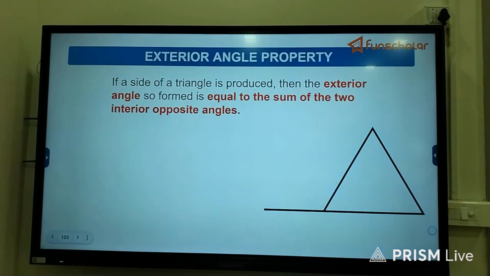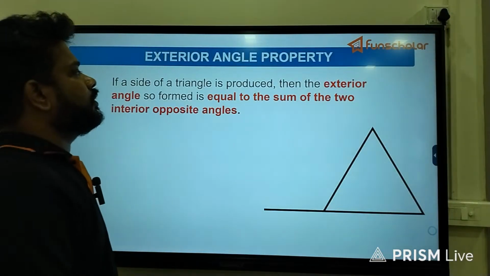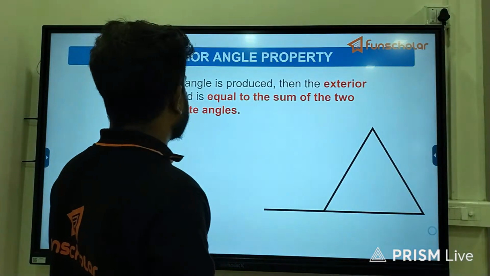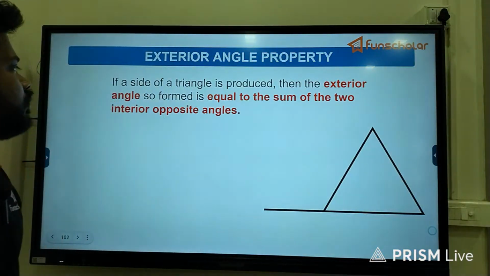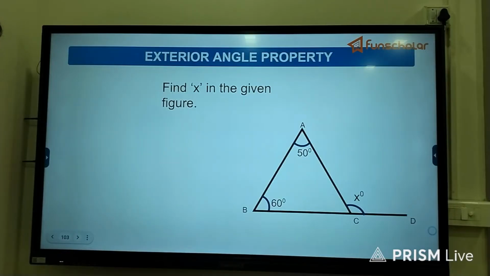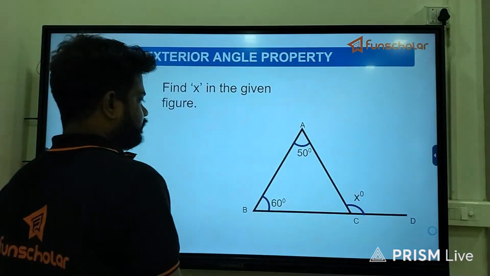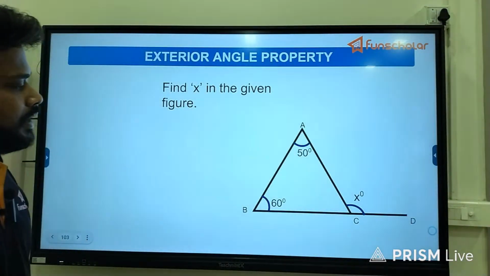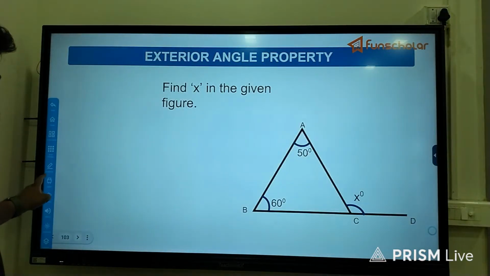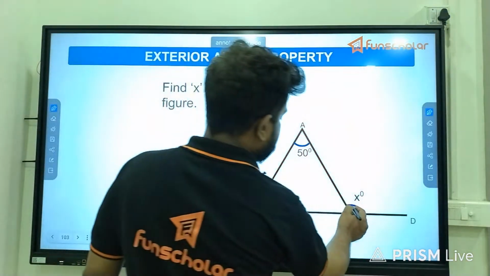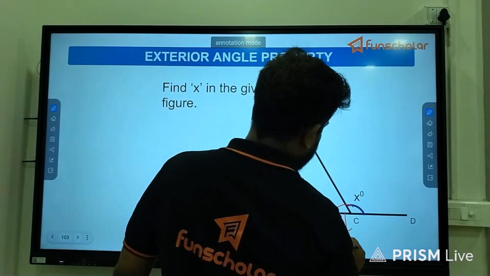Next, exterior angle property. If a side of a triangle is produced, then the exterior angle formed is equal to the sum of the two interior opposite angles. Okay, so here we have to find the x. This total will be making 180.